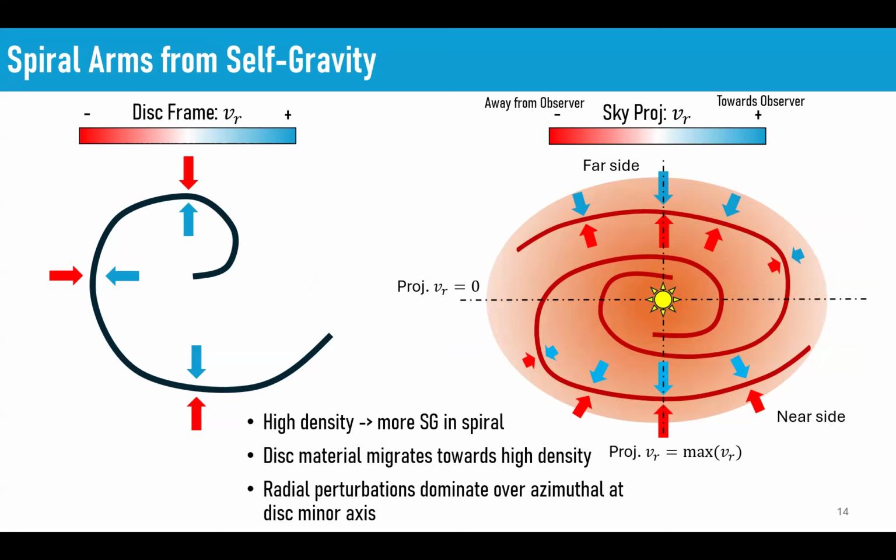So if you look at it in the lab frame, you have a spiral, and everything around the spiral wants to move radially in towards it. But if you project that onto the sky, along a line where VR is moving tangential to the line of sight, you don't see it. But along the minor axis, you get the maximum projection. And this is what they were saying they were seeing in AB Aurigae.